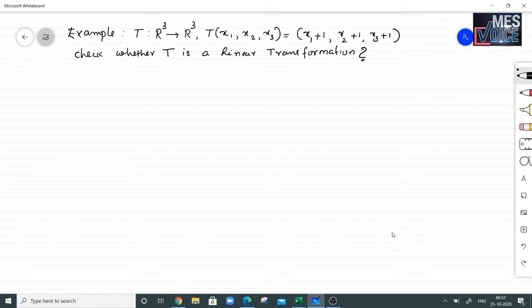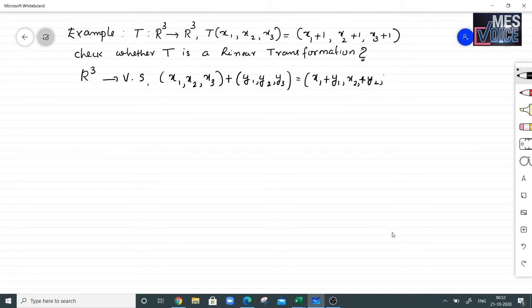We know that R cube is a vector space, and addition between the elements in R cube is defined as ordered triplet (x1, x2, x3) plus ordered triplet (y1, y2, y3) is equal to ordered triplet (x1 plus y1, x2 plus y2, x3 plus y3).